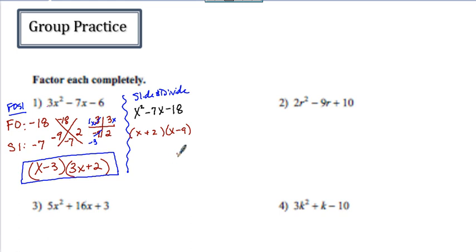Now, the slide and divide method needs you to divide by this 3. Whatever this number was here, you now need to divide these numbers here by 3. So divide this by 3 and divide this by 3. This original 3 that we had here.